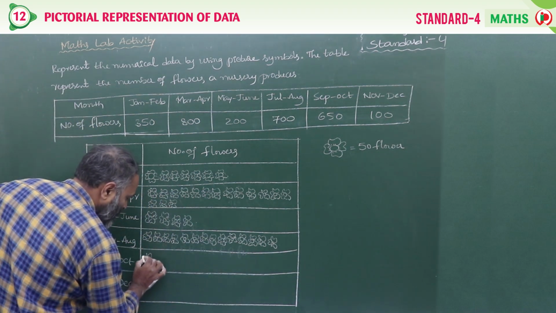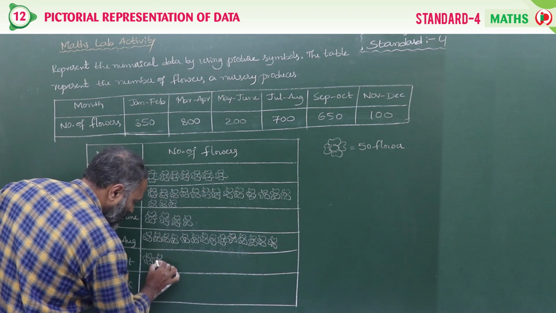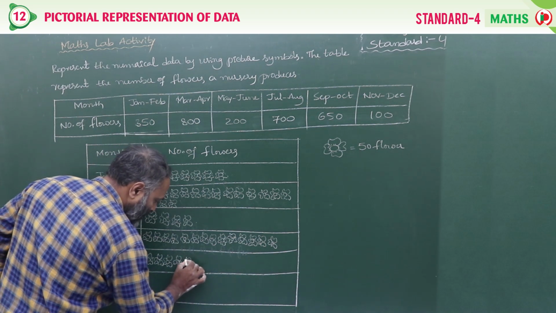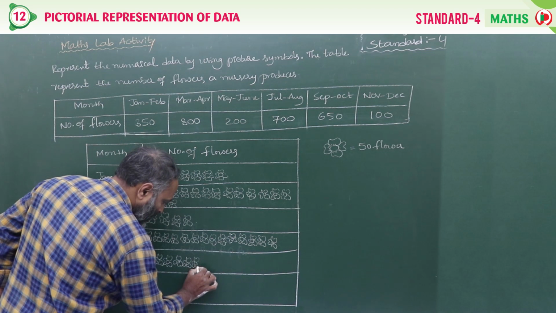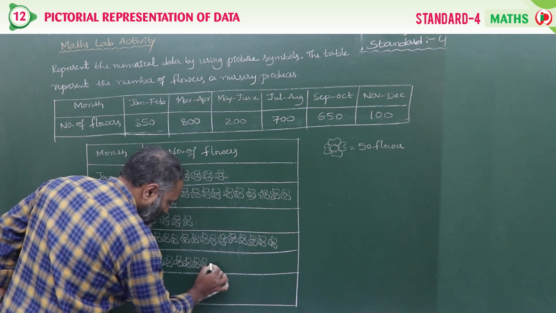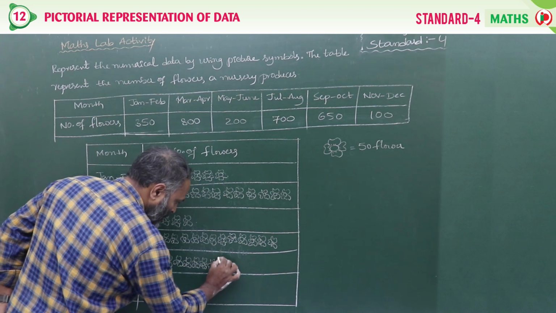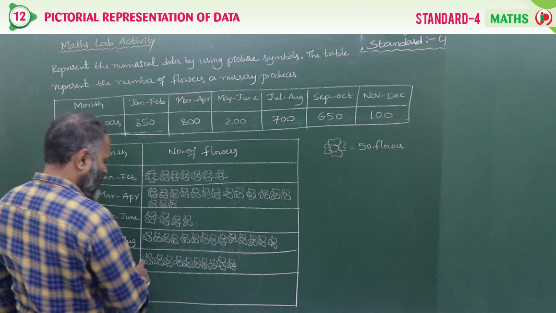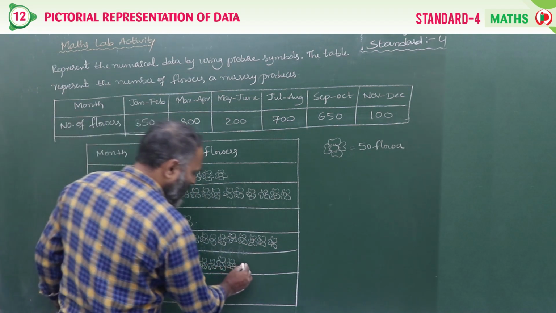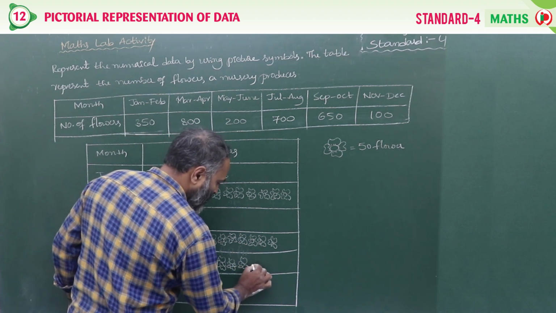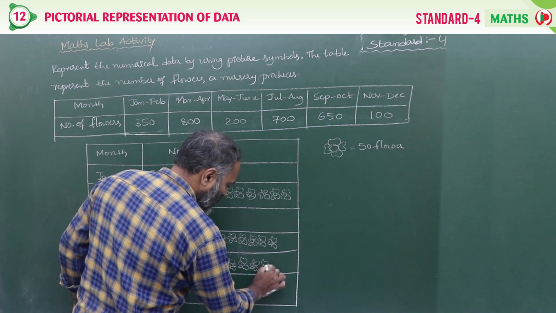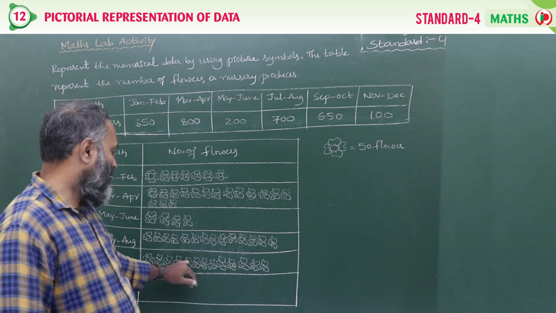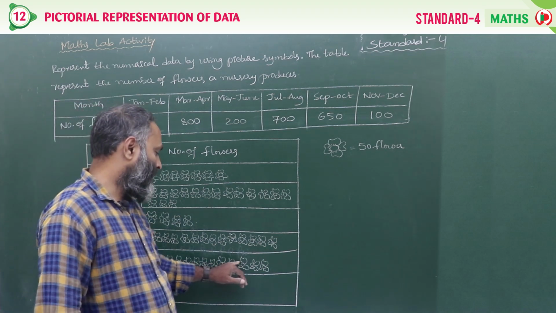So 650 means 13 flowers. 13 flowers, 650. 1, 2, 3, 4, 5, 6, 7, 8, 9, 10, 11, 12, 13 flowers.